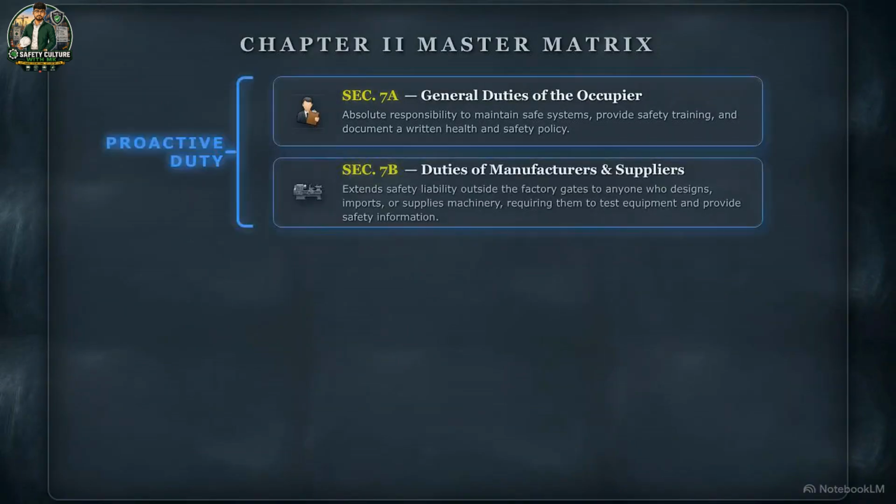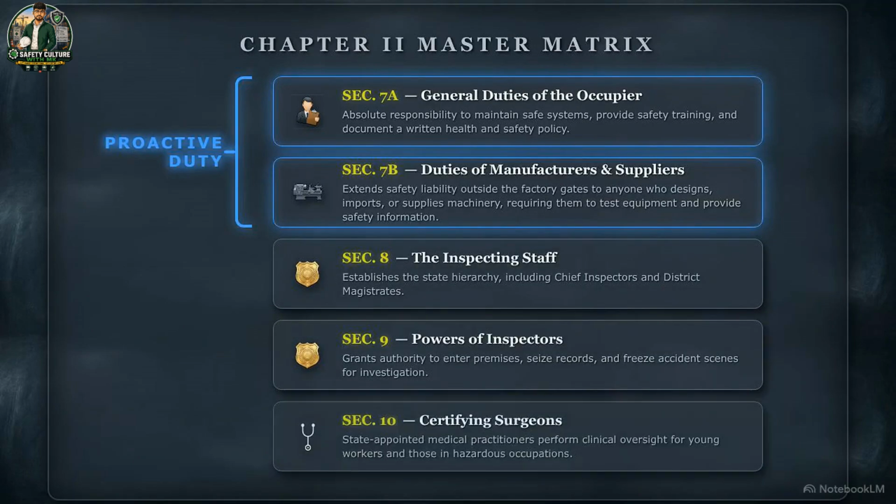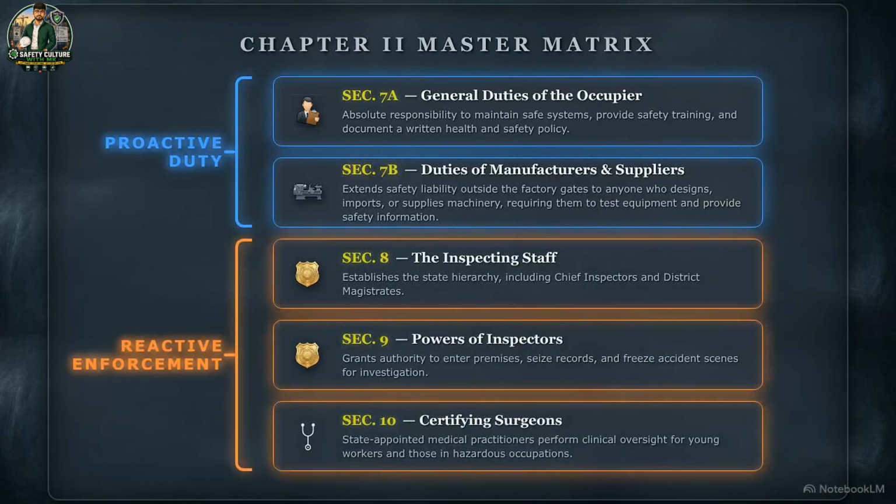We see the completed statutory framework. Sections 7A and 7B establish the proactive liability of occupiers and suppliers, dictating who is responsible before a machine runs. Sections 8, 9, and 10 construct the investigative and medical machinery to audit duties and respond to failures.